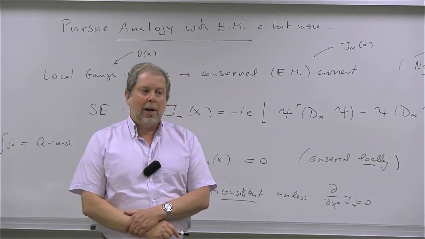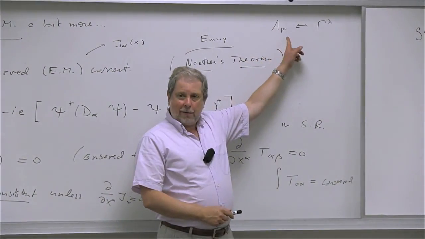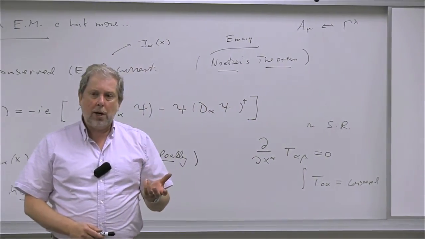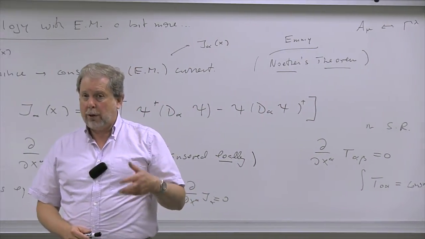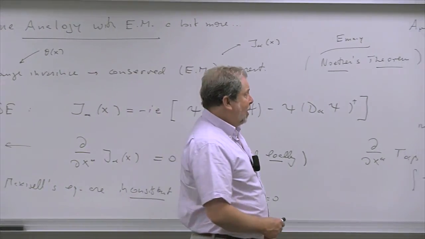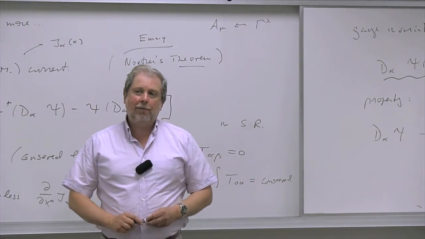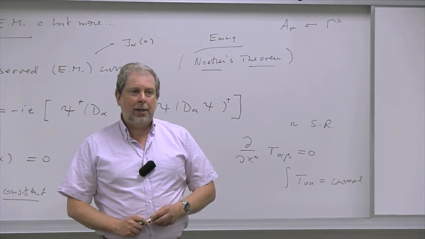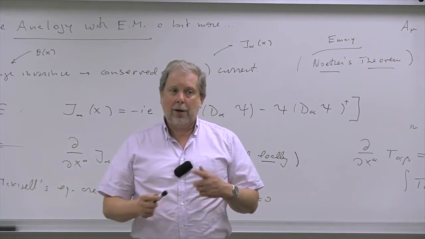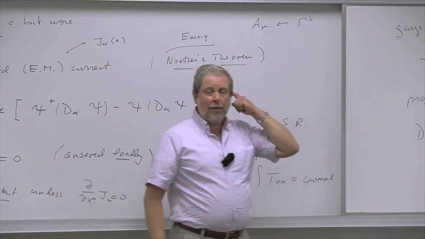And in electromagnetism, the A mu is the primary, fundamental field. So if you know the A mu, then you know everything there is to know, and you can calculate the electric and magnetic fields from it. In gravity, it's a little bit different because this gamma lambda is not a fundamental field. It's the metric that is the fundamental field. So by taking derivatives of the metric, you get the gamma.